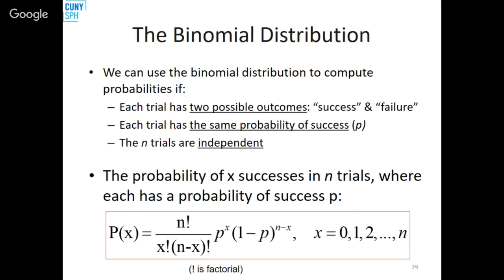The Bernoulli trial, its number of successes follows the binomial distribution, which is this, where exclamation point is factorial. Factorial being defined for integers, it's that number times the number minus 1 times the number minus 2 down to 1.